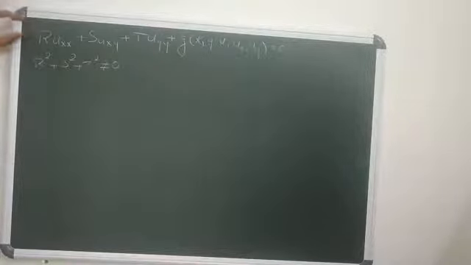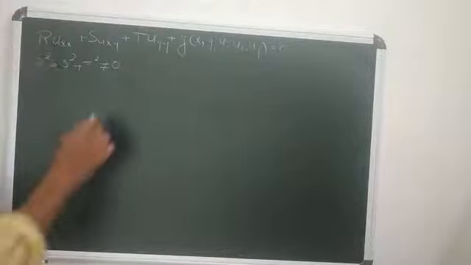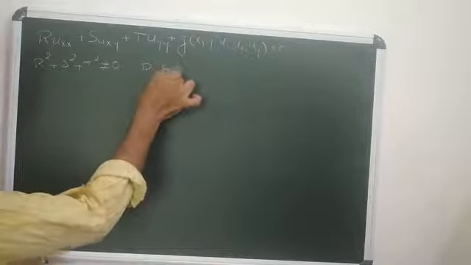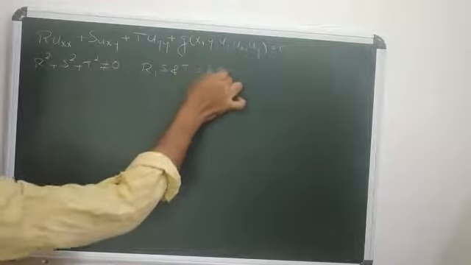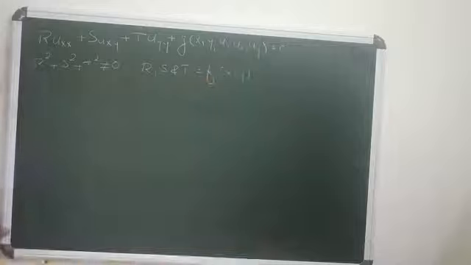This type of partial differential equation is said to be a second order partial differential equation, where R square plus S square plus T square differs from 0, where R, S and T are functions of x and y only.